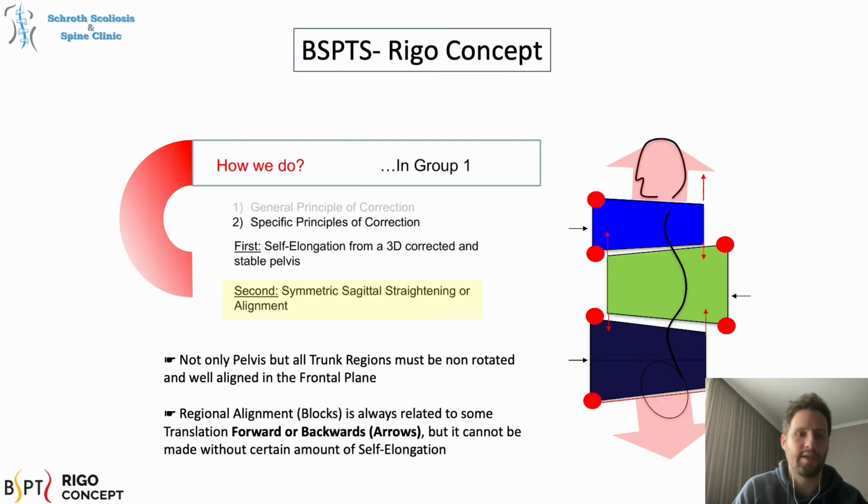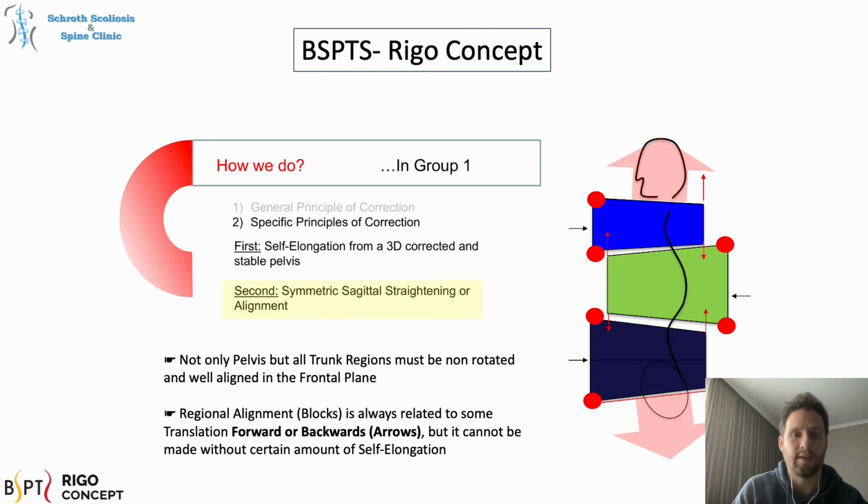So as you see in this example, for the symmetrical sagittal straightening and the self-elongation, the specific principles of correction, they work perfectly together, because the self-elongation means that we have a cranial and caudal force to bring the body into correction, and these of course give symmetrical sagittal alignment.